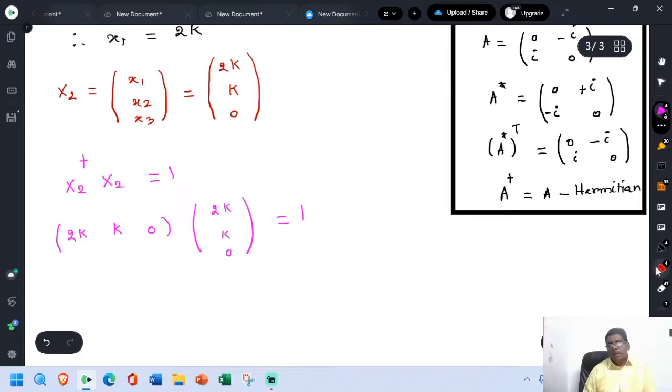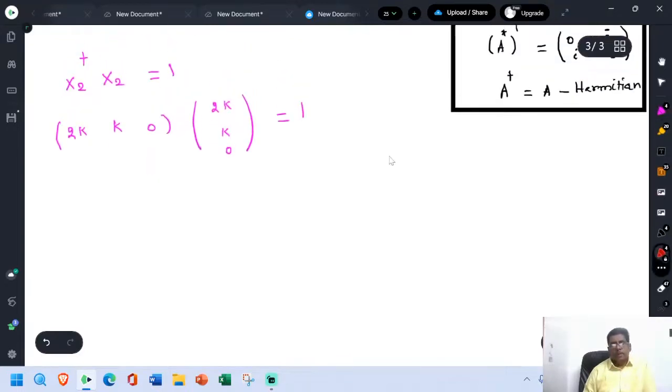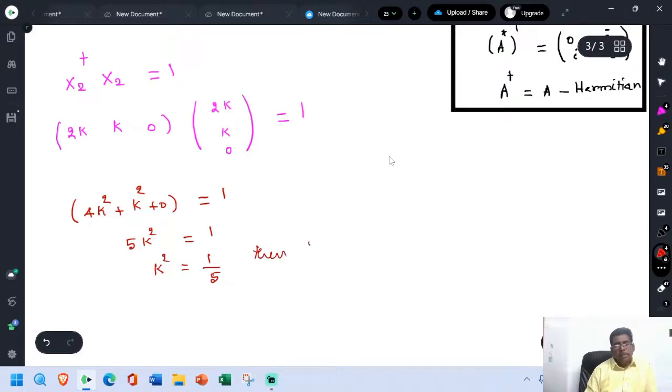Now make the multiplication. 2k into 2k, 4k square, k into k, k square, plus 0, which is equal to 1. That is 5k square equal to 1. K square is equal to 1 by 5. Then k equal to 1 divided by root 5.